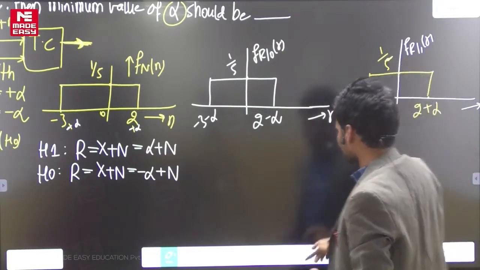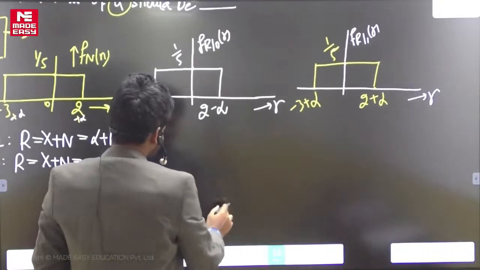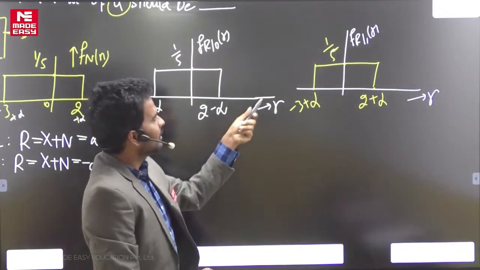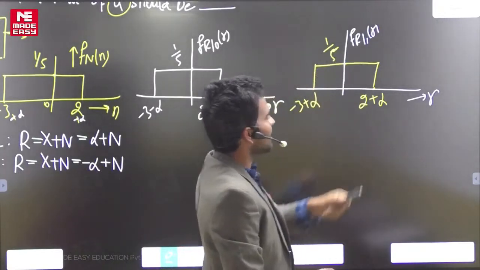Generally, what you expect is that when binary 0 is transmitted, R will take comparatively low values, and when binary 1 is transmitted, R will take high values.